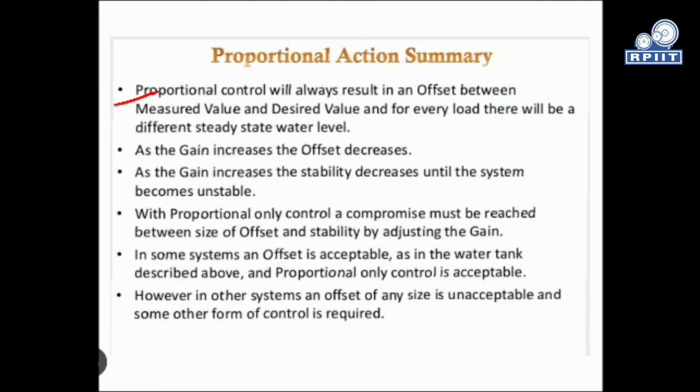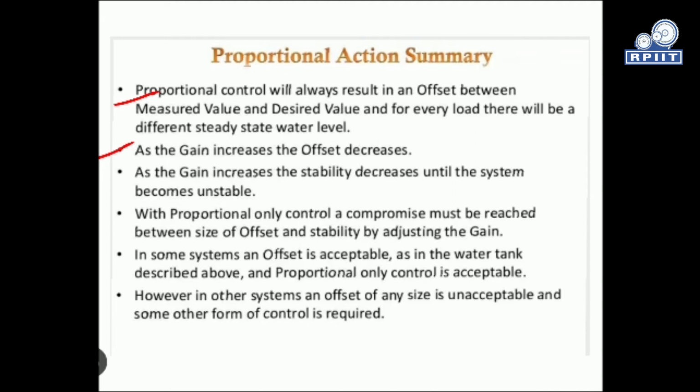If we take the example of an automatic water tank, there will be some offset, and that offset is related to our error. As the gain increases, the offset decreases. Offset is the difference between the desired value and the measured value. If we increase the gain, the offset will decrease.